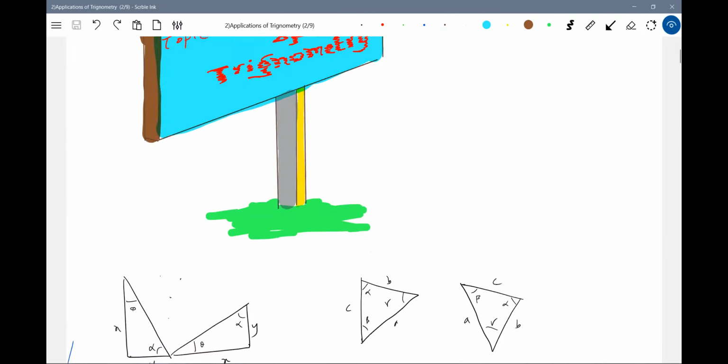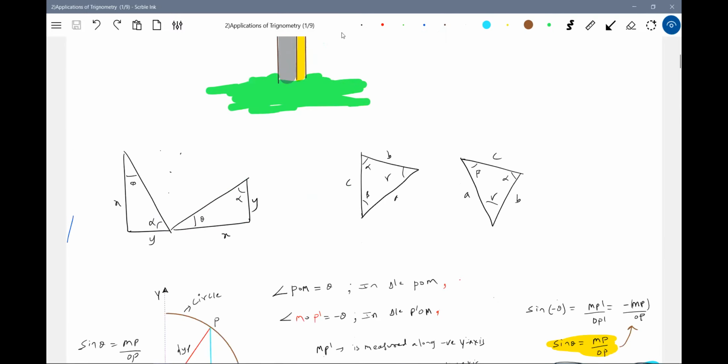These two triangles are said to be congruent. They are the same thing, only the orientation is different.